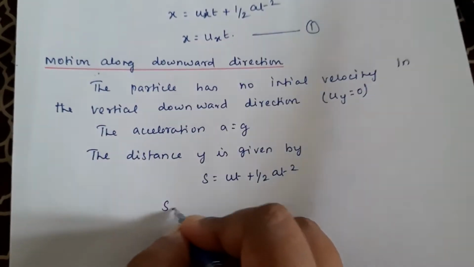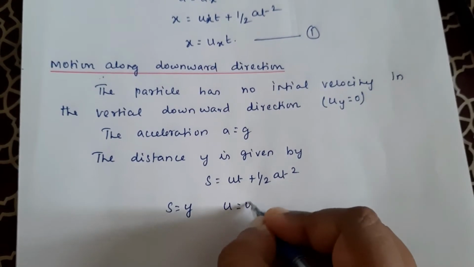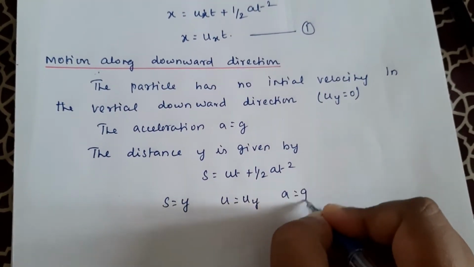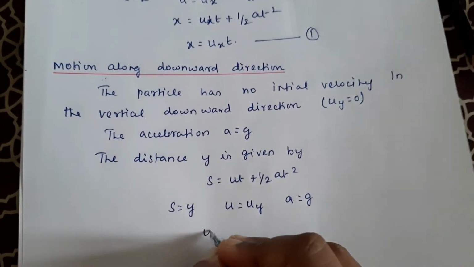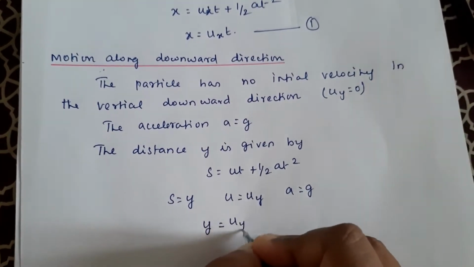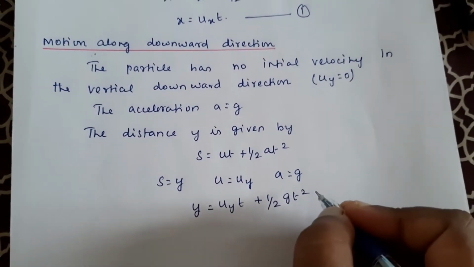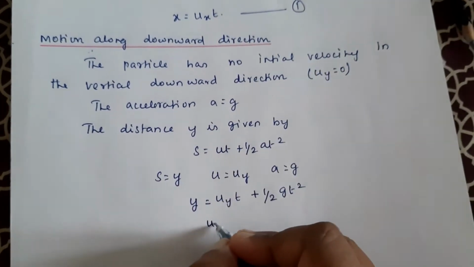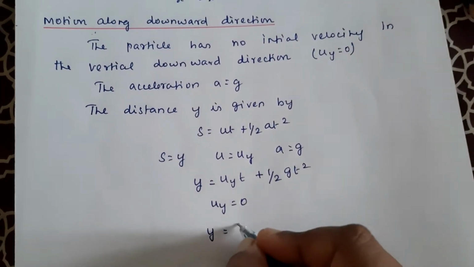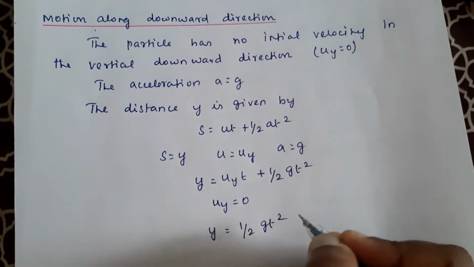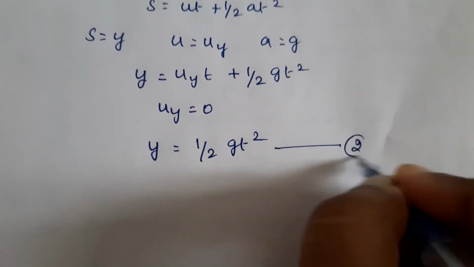Here s is y, u is uy, and a is g. Substituting, y is equal to uyt plus half gt square. But uy is 0, so y is equal to half gt square. This is equation 2.